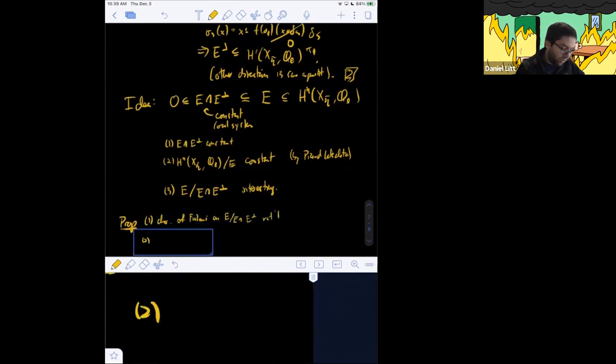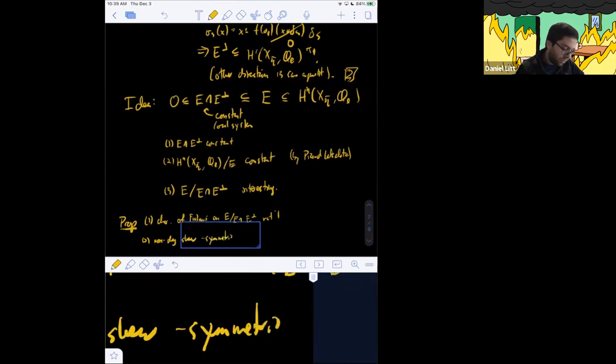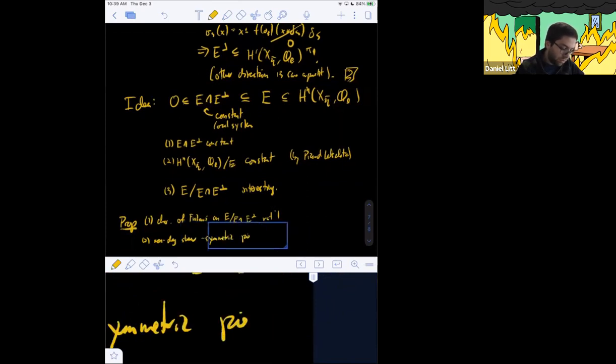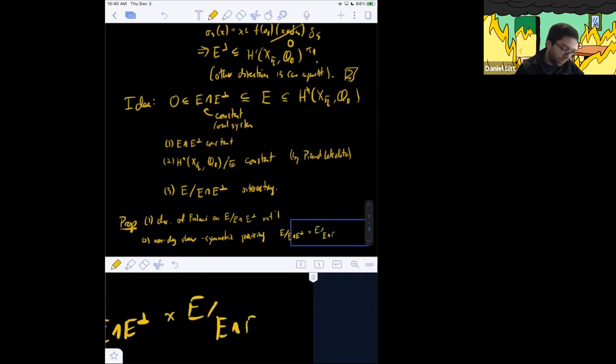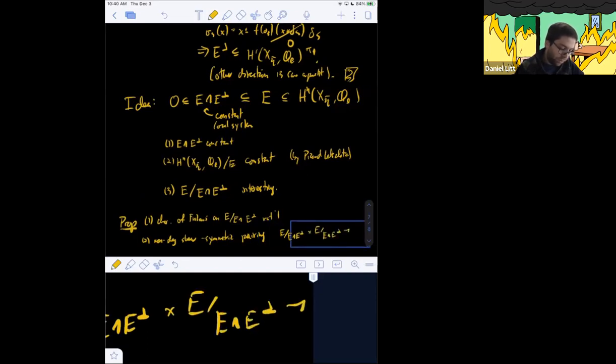Hypothesis two is that there's a non-degenerate symmetric pairing, E mod E intersect E perp cross E mod E intersect E perp to QL of minus n.